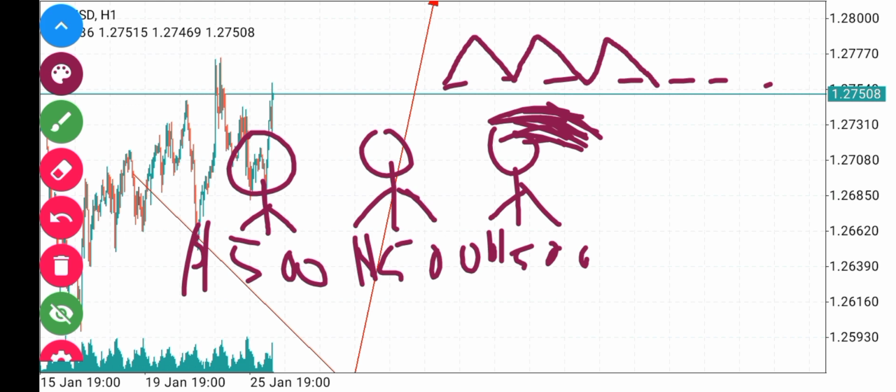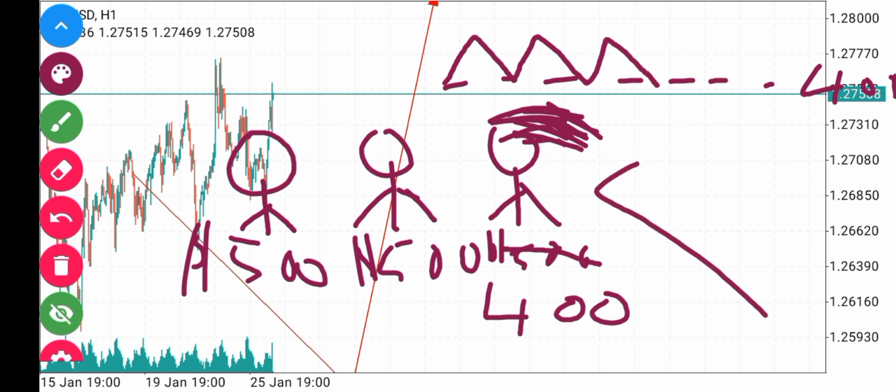Now what happens is that the smart money reduces his price. Instead of 500, this smart guy decides to sell for 400. Things were going smoothly initially, but he decided to sell for 400, not 500 like the other traders. This forces more people to come and buy from him, because his price is cheaper, isn't it?